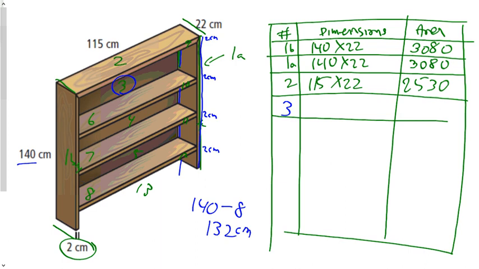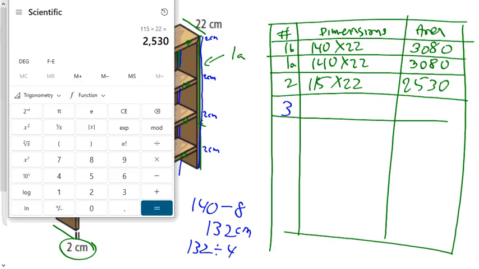Those 4 blue lines will be the residual of 132 because I have to take away the trim. Now, if they're equally spaced, if I take that 132 and divide it by the 4 parts, 132 divided by 4 equals 33.